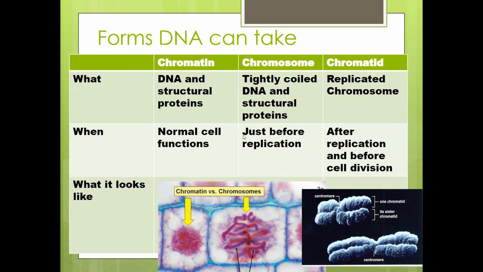When it coils up into a chromosome, that means that cell is going to replicate itself or make a copy of itself. And when the DNA is in chromatid form, that's after it's replicated itself. So right imminently before the cell divides, you have chromatids.